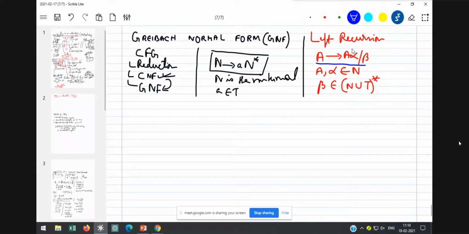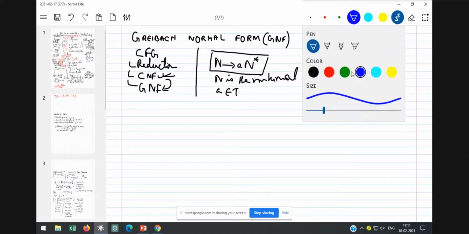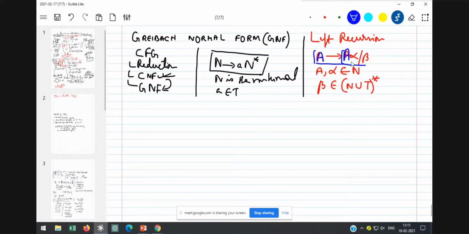On the left hand side we have a non-terminal represented by capital A, and the right hand side of the production rule starts with the same non-terminal A. If you find a production rule of such type, you can conclude that left recursion has occurred.